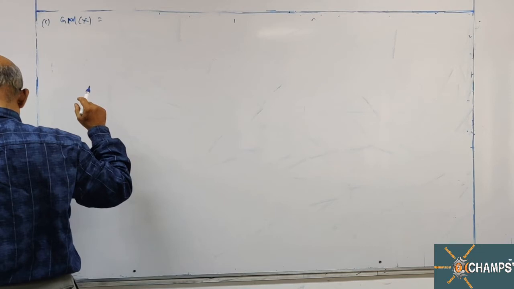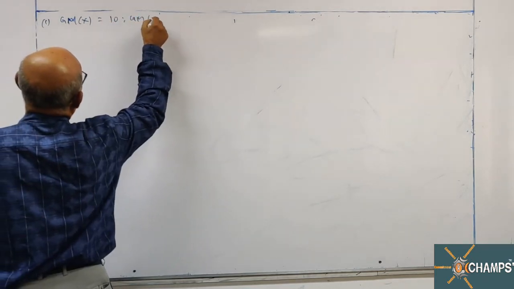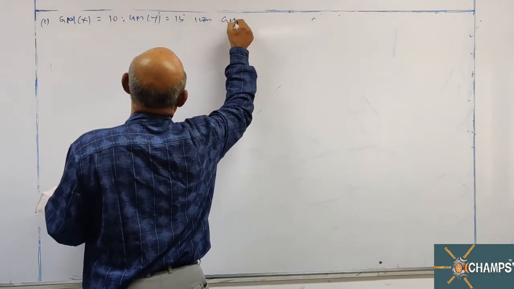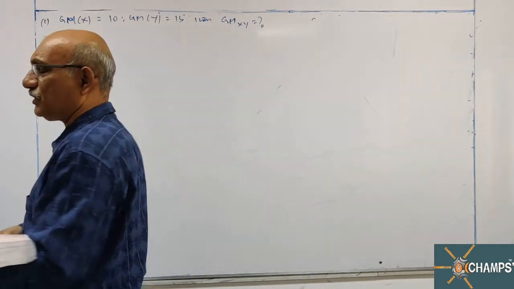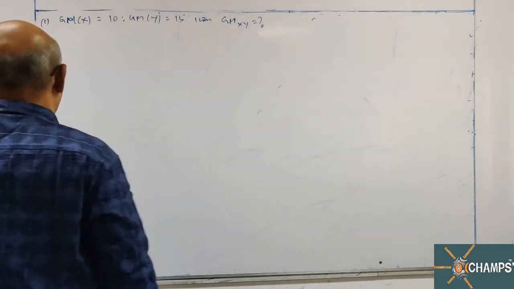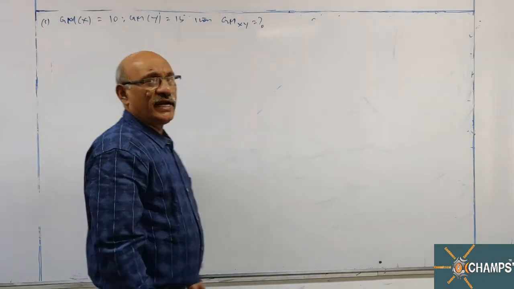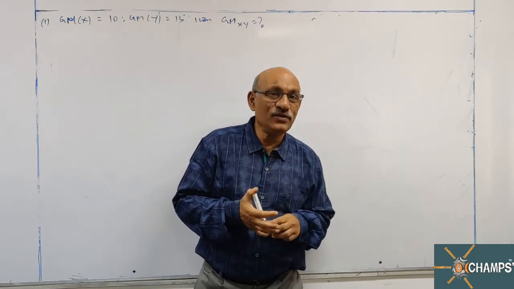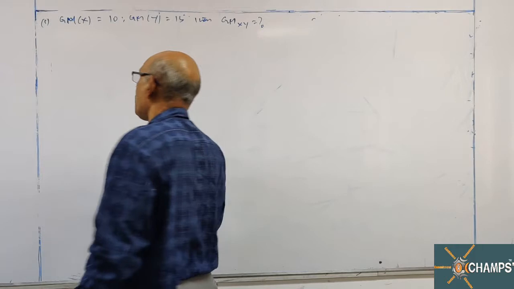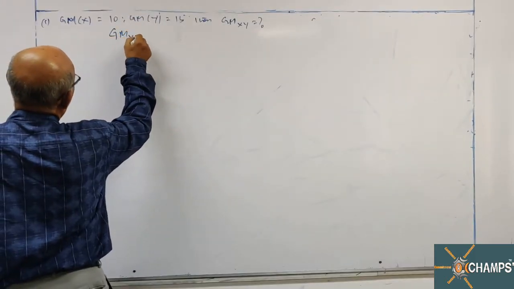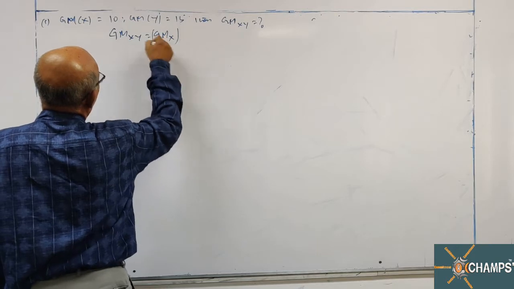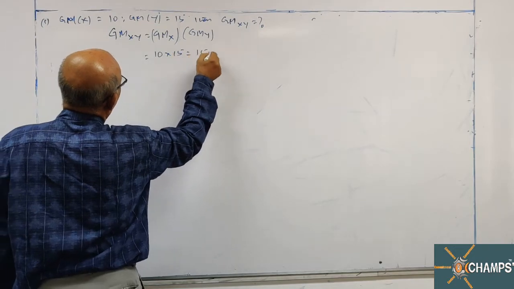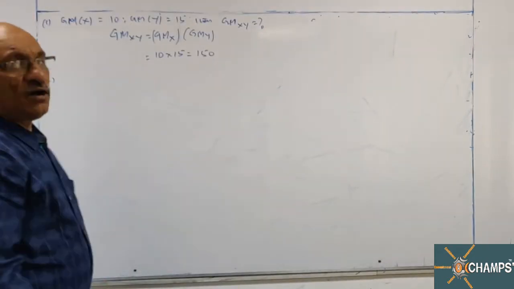Geometric mean of x is equal to 10. Geometric mean of y is equal to 15. Then geometric mean of xy is equal to question mark. We know geometric mean of product of two variables is equal to product of their geometric means. So GM of xy is GM of x into GM of y, 10 into 15. 150 is the answer.